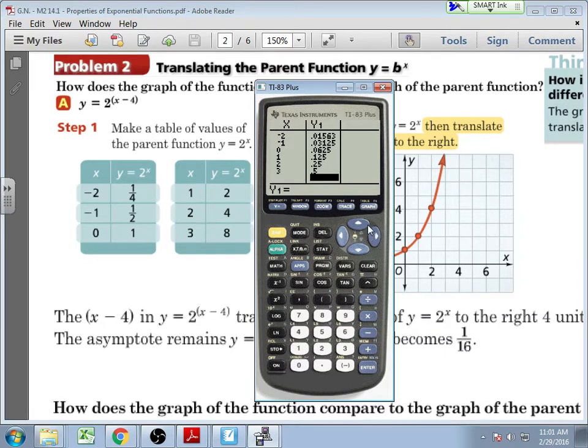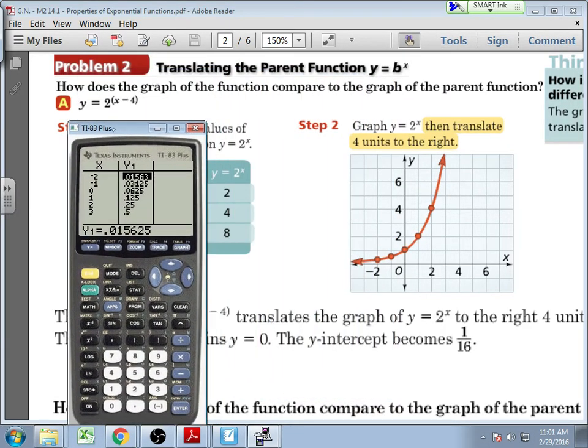Now, if we go over to 0.015625, anyone know what fraction that would actually give me? Is it 1/36?